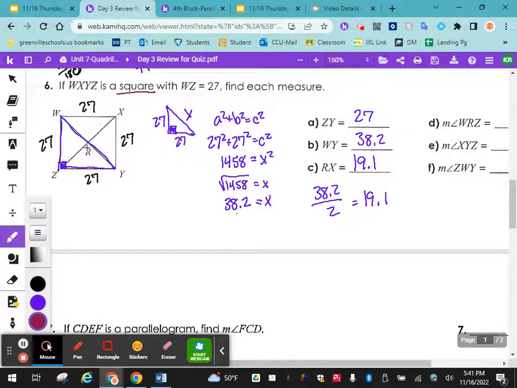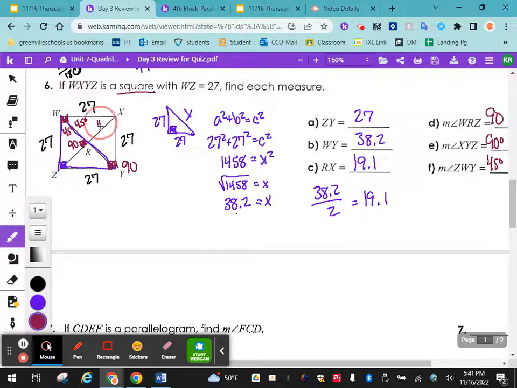W R Z, from W to R to Z, just like a rhombus, this is 90 degrees. X to Y to Z, just like a rectangle, this is 90 degrees. Z W Y, from Z to W to Y. If your 90-degree corner is cut in half by a diagonal, then these little ones both have to be 45 degrees, all the way around your rectangle.